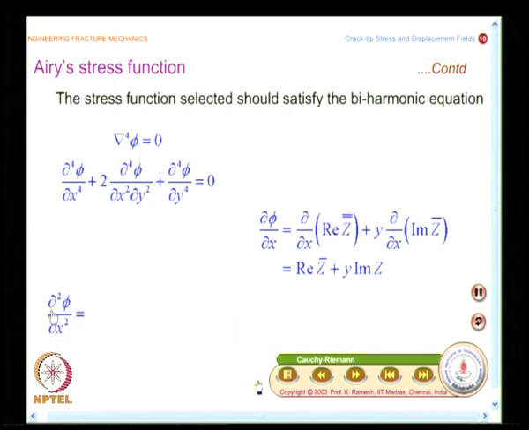Now, we will have to get dou squared phi by dou x squared. So, when I have dou squared phi by dou x squared, I will have to differentiate this, and that is what is given here. So, I have this as dou by dou x of real part of z bar plus y into dou by dou x of imaginary part of z. From whatever you have done for this case, what this amounts to?